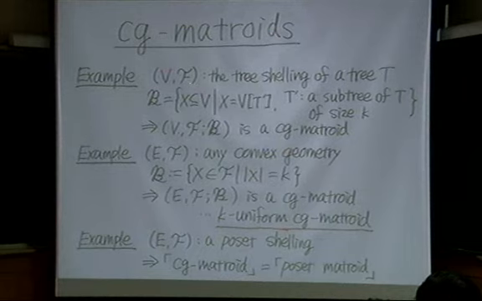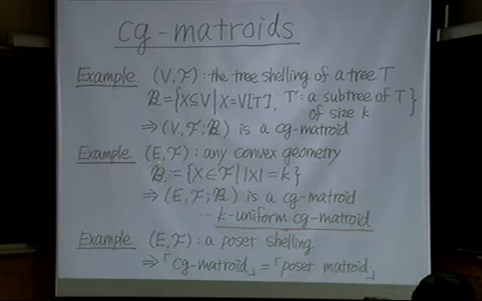if we take a tree shelling and we take script B as the set of subtrees of fixed size K, then this is also a CG matroid. Indeed, this example holds more generally for any convex geometry (E, F).